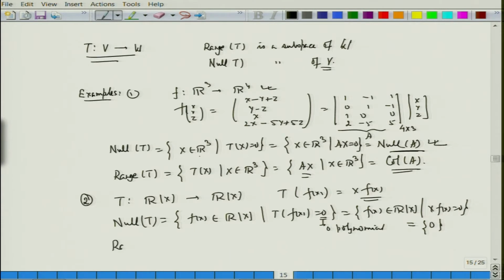What about the range of T? It is x f x such that f of x belongs to Rx. I did not write the first line; as such it is supposed to be T of f of x belonging to Rx. But whatever I do, x is a factor of this polynomial.